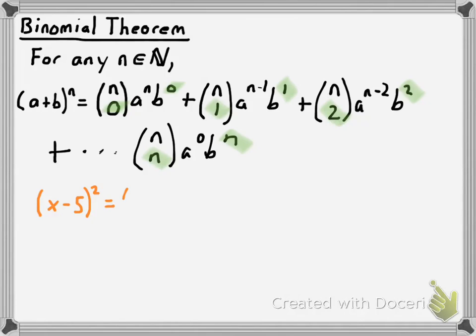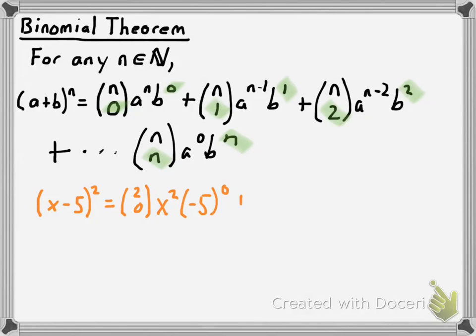So we're going to have 2 choose 0 times, and then we're going to put an a, well, the first term here, which is x to the nth power, so x squared, and then we're going to take the second number, negative 5, and we're going to raise that to the 0 power. And this would be the first term in the expansion of the binomial.